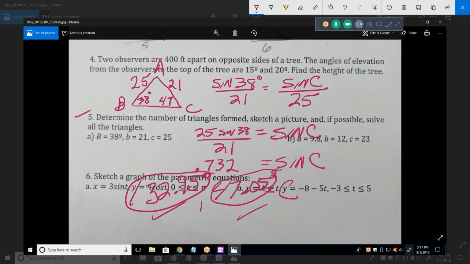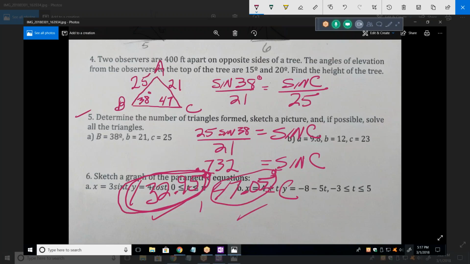Now you have to ask yourself, is there room in that triangle for that angle? We know there's room for a 47-degree angle. Is there room for a 132-degree angle?